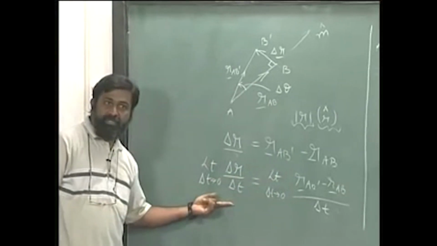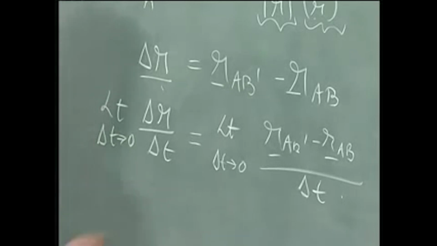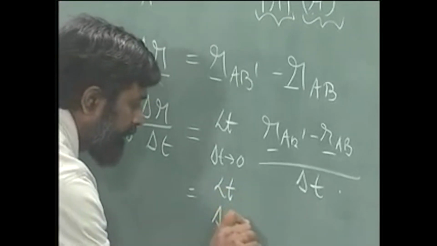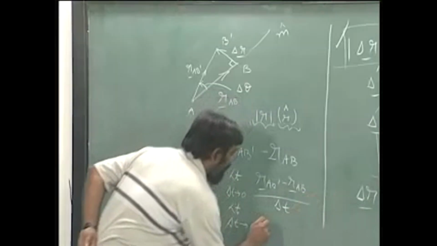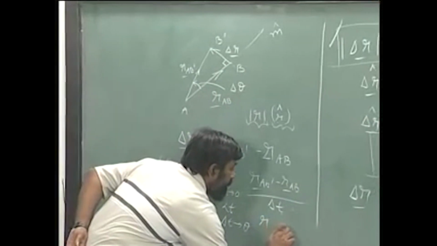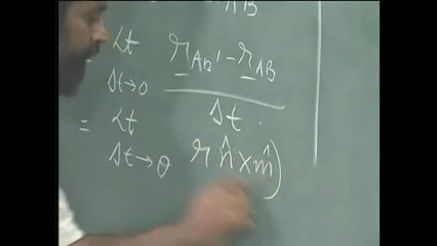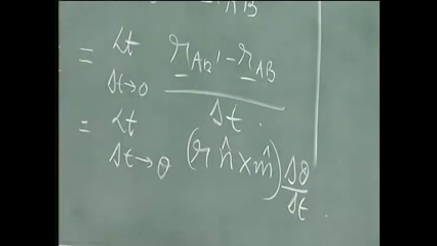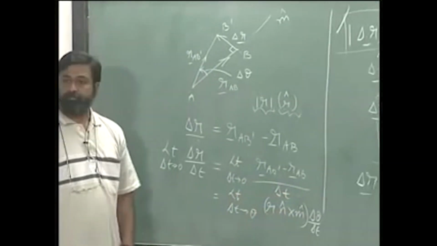Now, we will proceed to the time derivative. All right. So, let me write this as limit as delta t tends to 0. I am going to take r times n cross m times delta theta by delta t, just substituting this expression over here.